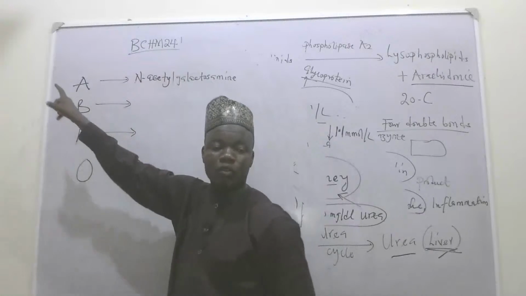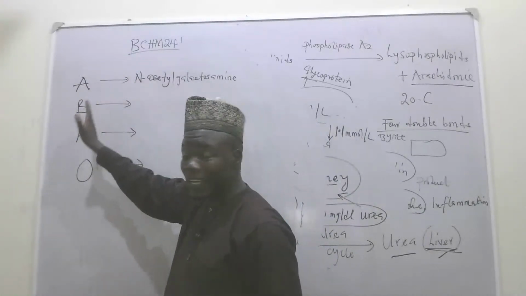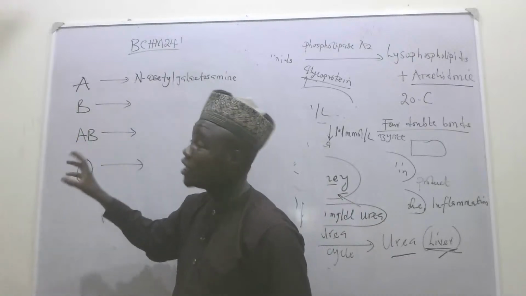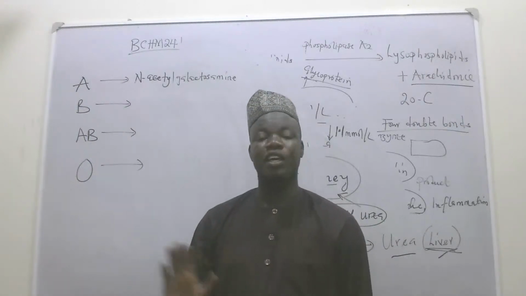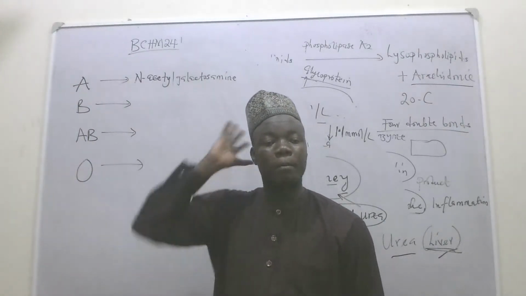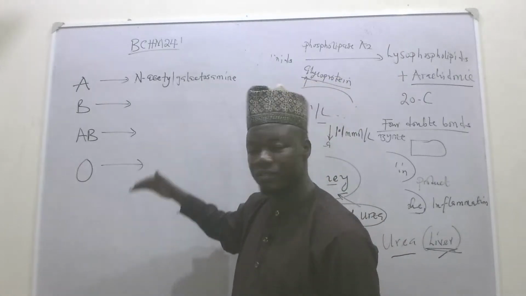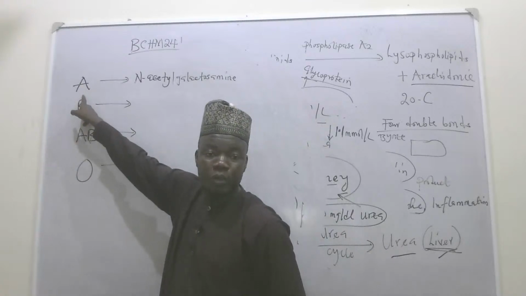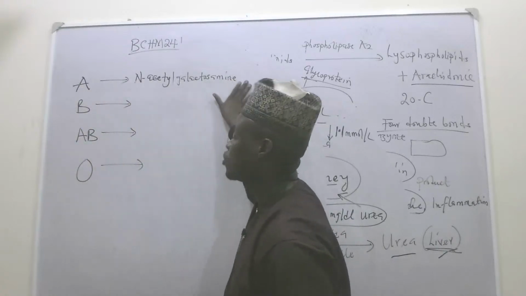That is why, ladies and gentlemen, generally, all individuals with all blood groups, they all have glycoproteins and glycolipids. But what makes the blood groups differ from one another is that an individual with blood group A has N-acetyl galactosamine on their glycoproteins.